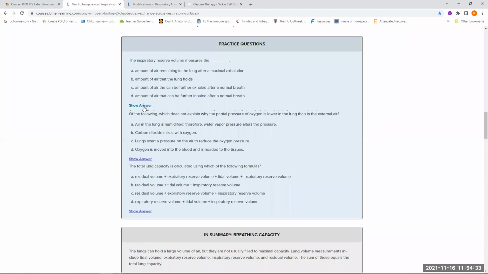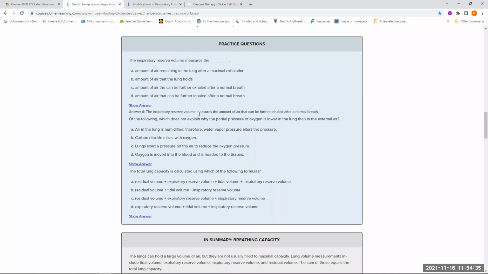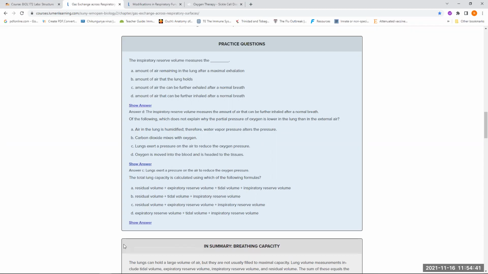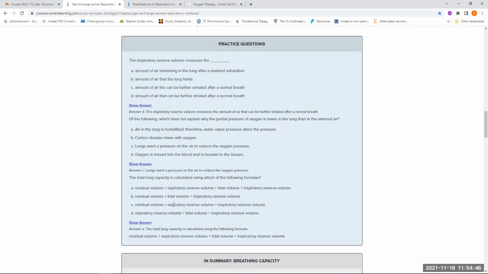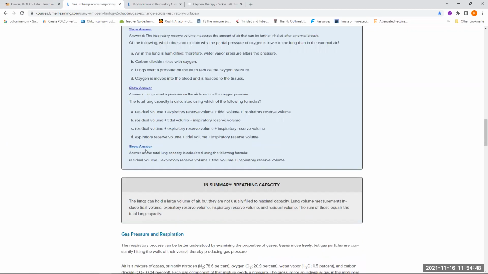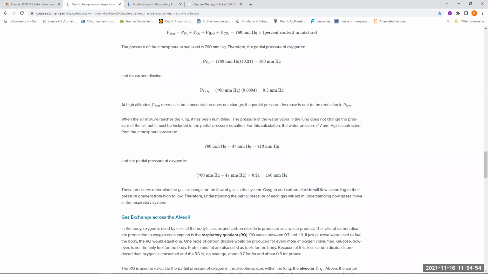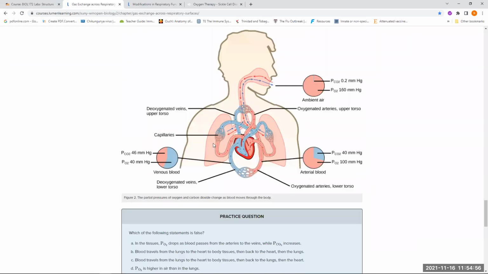The inspiratory reserve volume measures the amount of air, and then the total lung capacity. These are just formulae which you have: the total lung capacity is residual, expiratory reserve, tidal, and inspiratory reserve volumes. Those are just ones which you have to learn the definitions.